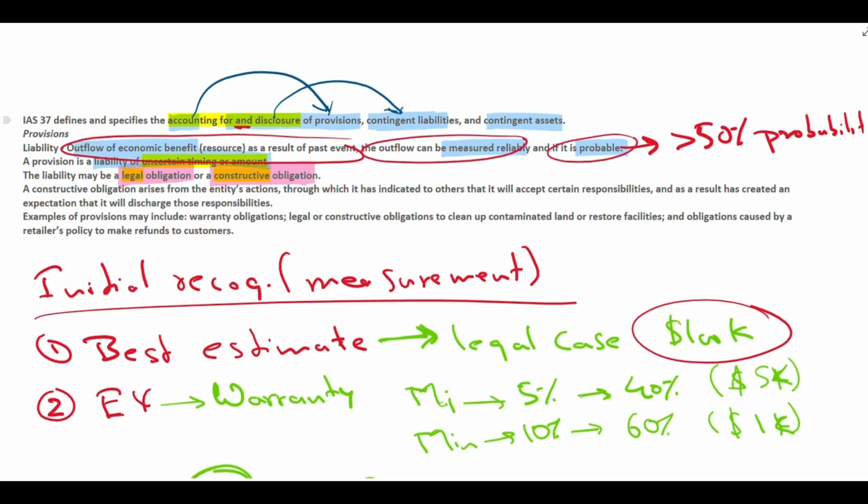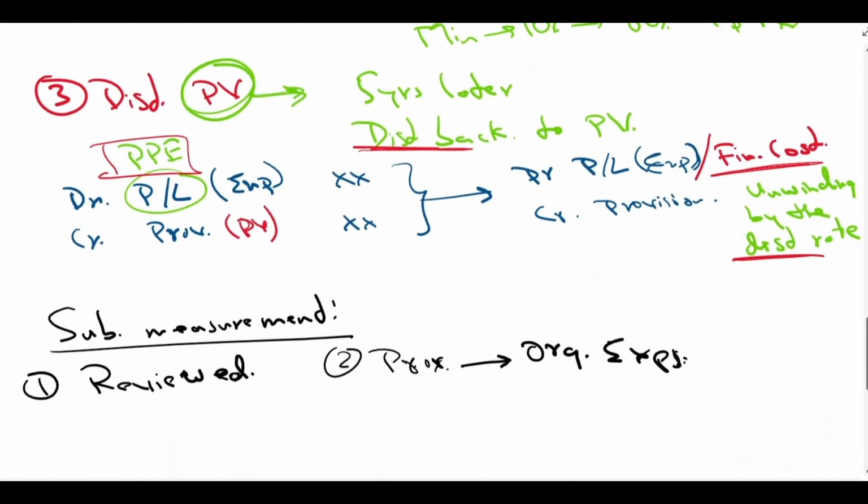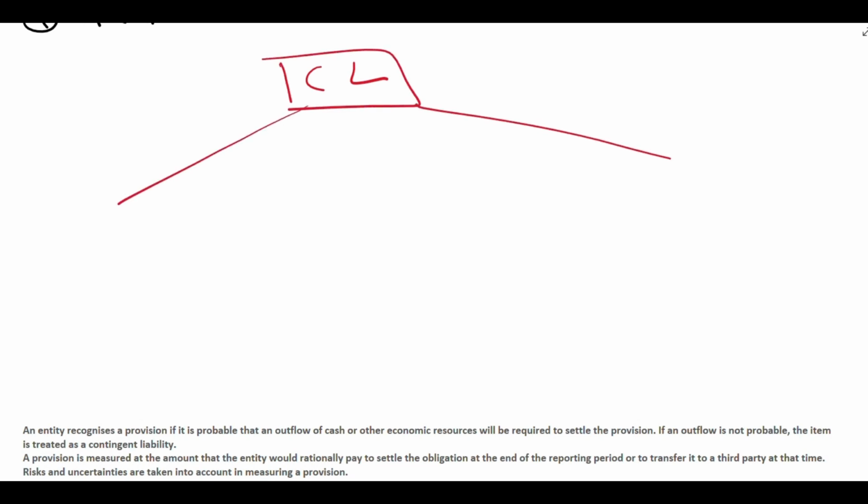What if the condition is not satisfied? What will happen then? In that case, we have to record a contingent liability, which we said we'll touch upon. So, contingent liability. We can say it is like a possible obligation, not a probable one.